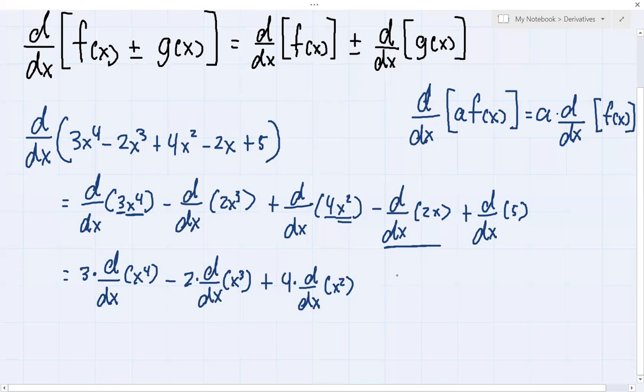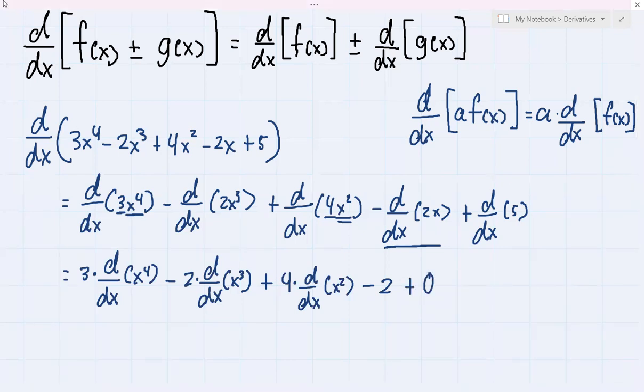Therefore, anong derivative ng 2x? The answer is 2. Okay? Next, ito naman tayo. Anong derivative ng 5? 5 is a constant term. And ano ulit ang derivative ng constant term? Di ba 0? Therefore, anong derivative ng 5? 0. Yan. Okay.